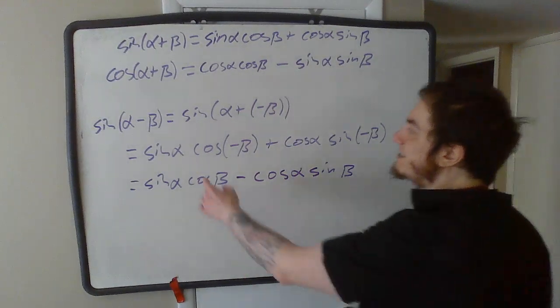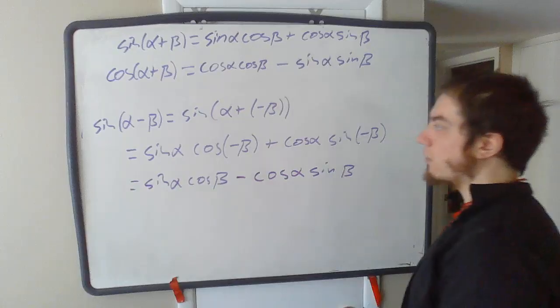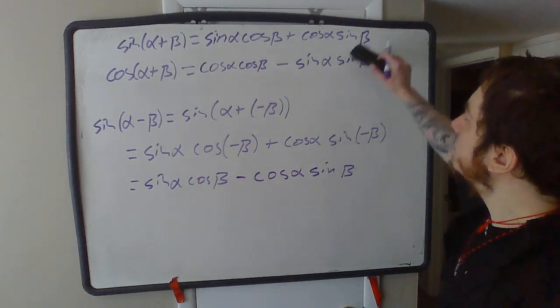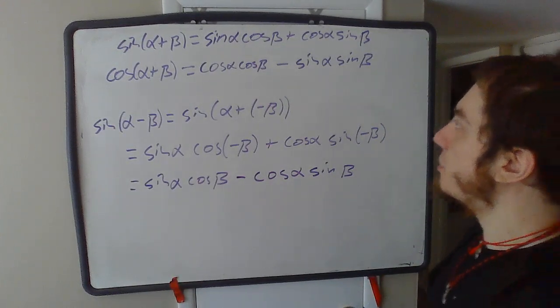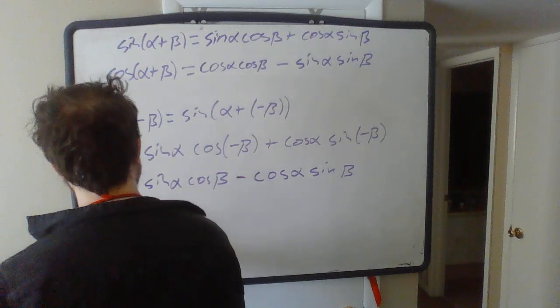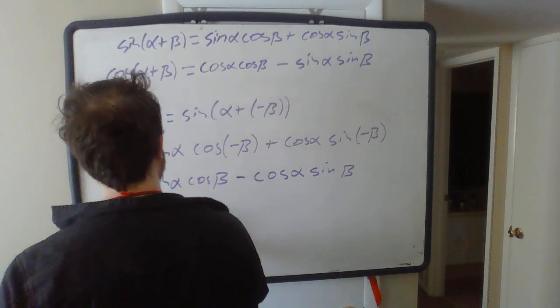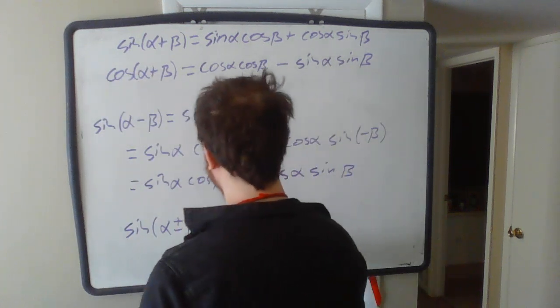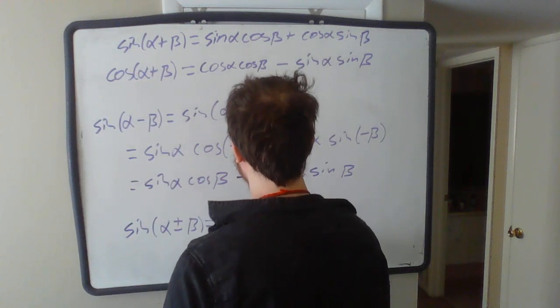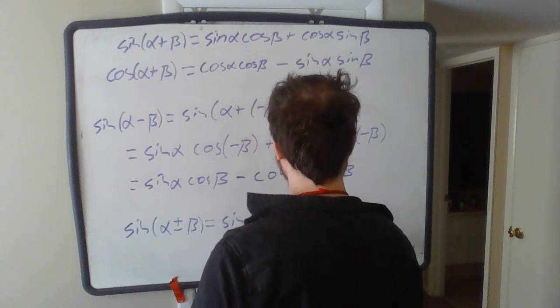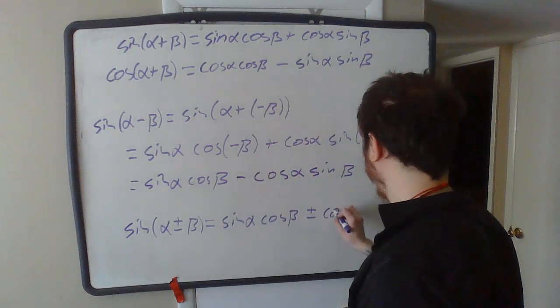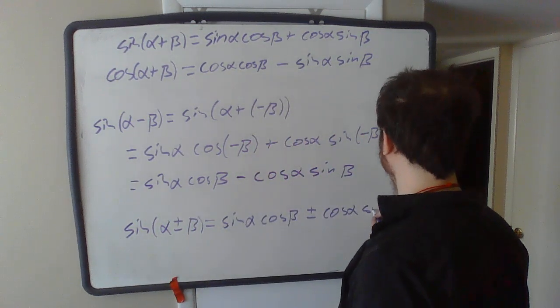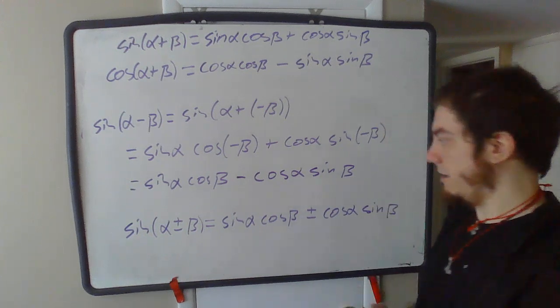And this gives me the difference identity for the sine function. I can summarize both of these together in a nice way. I can write sine of alpha plus or minus beta is equal to sine alpha cosine beta plus or minus cosine alpha sine beta.